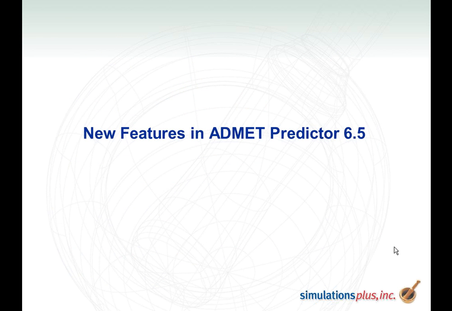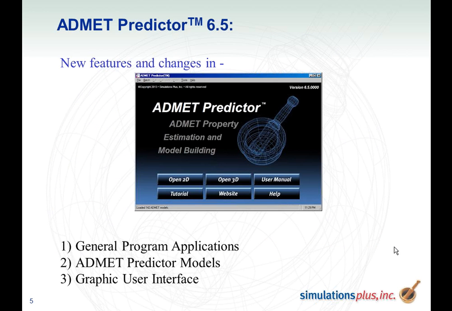Next, I'm going to introduce some of the new and advanced features in ADMET Predictor and MedChem Studio. The latest upgrades that we have introduced in ADMET Predictor 6.5 include a better graphical user interface, enhancements in the general program applications, and several new models.